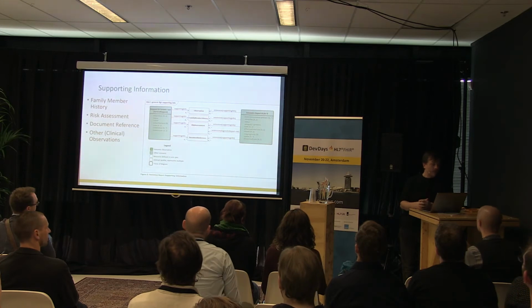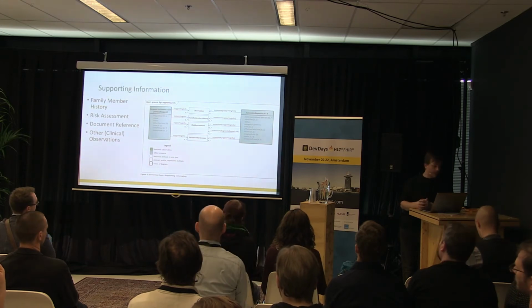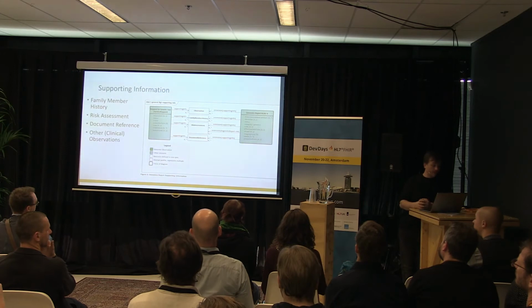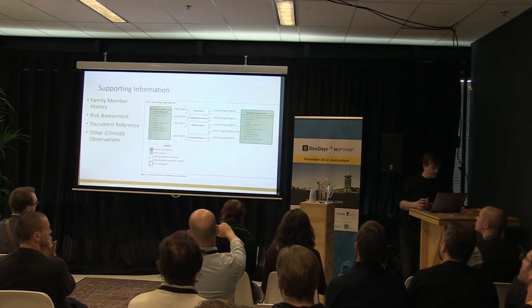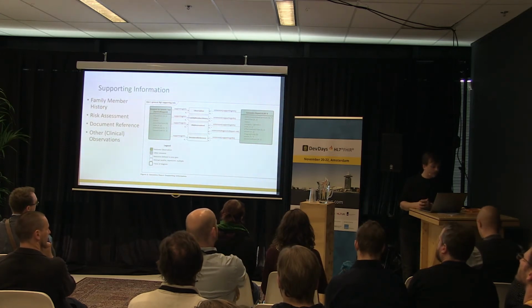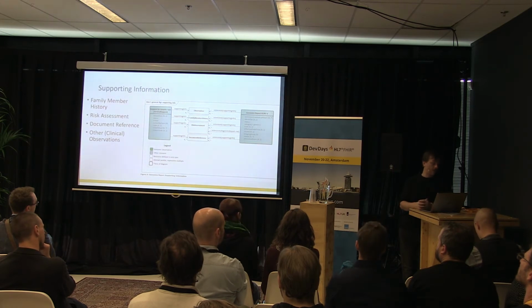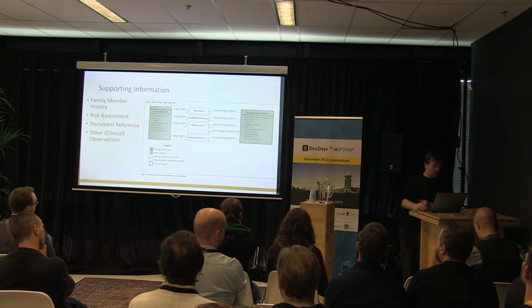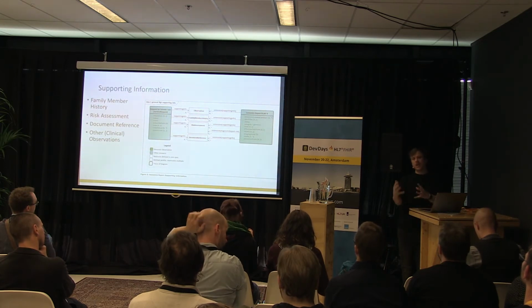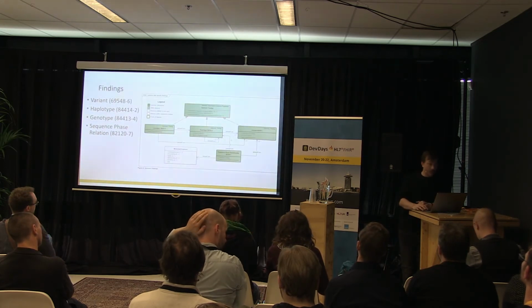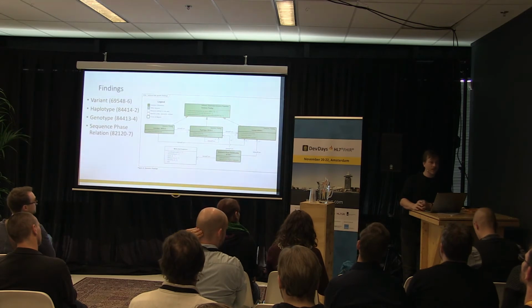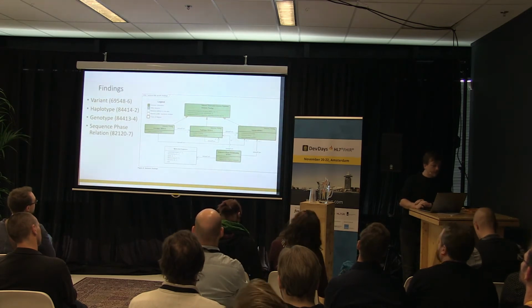Some document references to other findings, other reports which are in a structured way or not. And we have, of course, other clinical observations like FISH tests and stuff, which is not NGS, but immunohistology, I think in English, sorry.